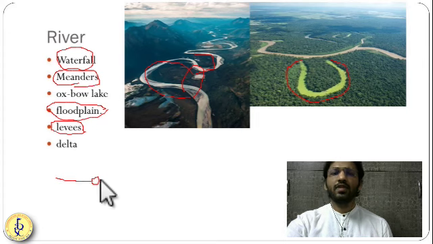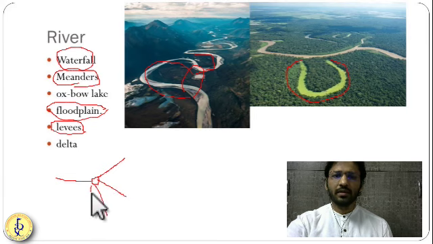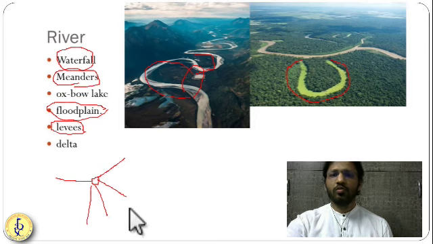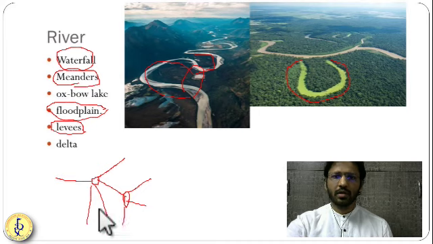Because of that, an obstruction will be created for the river, and the river will be divided into many distributaries. Getting it? So this will again create further distributaries. Because of the deposition of these distributaries, a huge amount of fertile deposits will be formed over here.